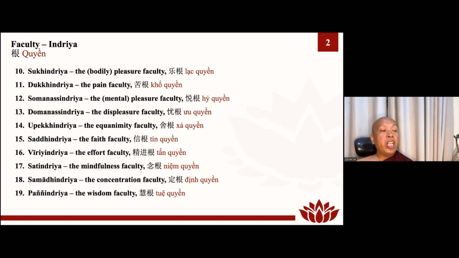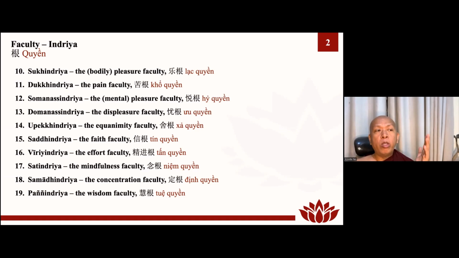Then 17, satindriya, the mindfulness faculty. As you have already known mindfulness, we have learned many things about mindfulness. When we go and study the Mahasatipatthana Sutta, it mentions mindfulness. When we study the enlightenment factors, there is also mindfulness. Sati Sampajanna.